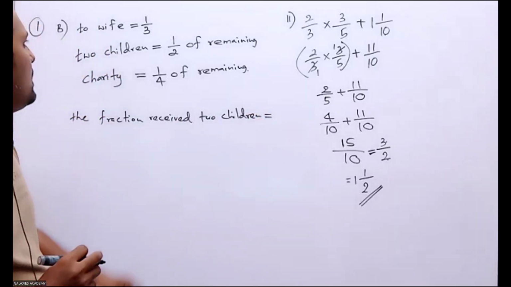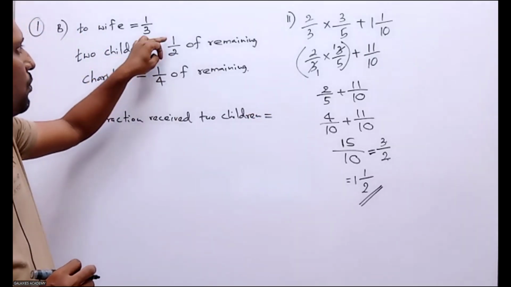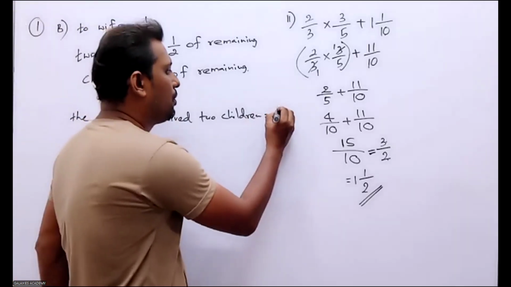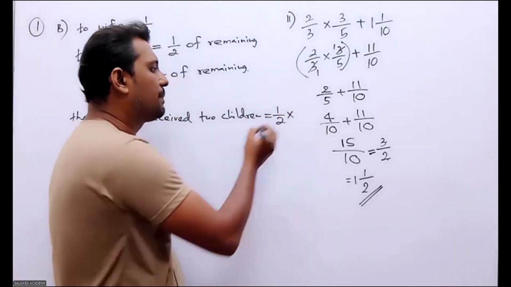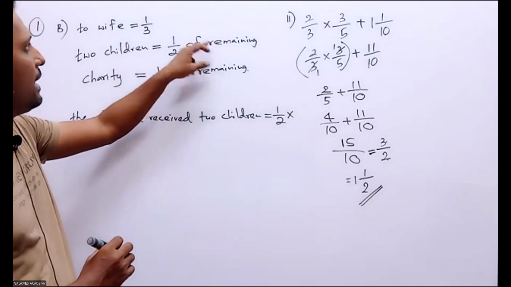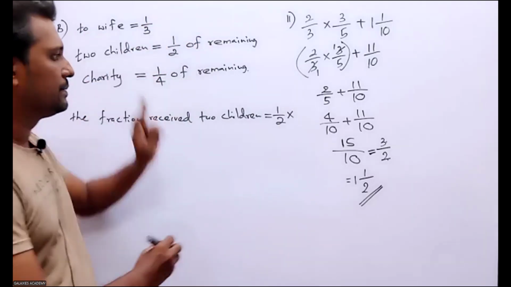Right? For 2 children, he gave 1 over 2 of, meaning multiply, remaining. Remaining is 2 over 3.